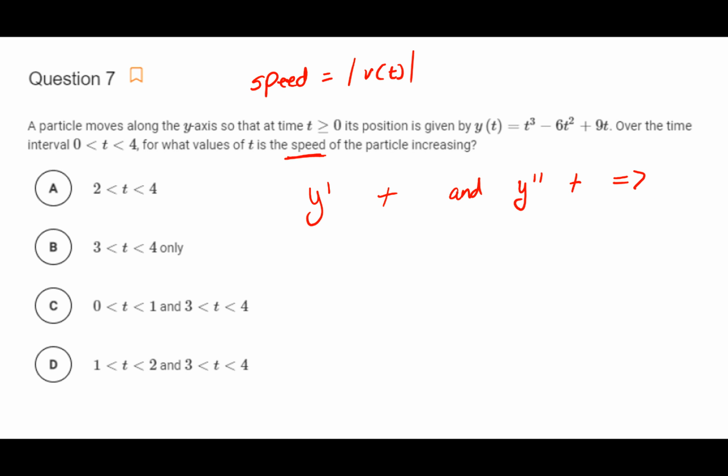So if I have a negative velocity and it's getting more and more negative, my speed is increasing. Oops, I told you that wrong, but I said negative to negative because that works also. If the first derivative is negative and the second derivative is negative, it's still increasing.